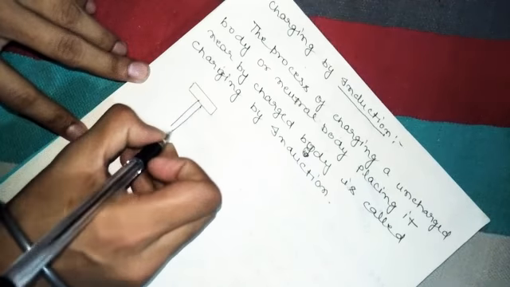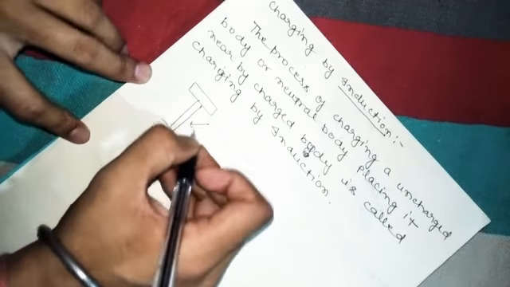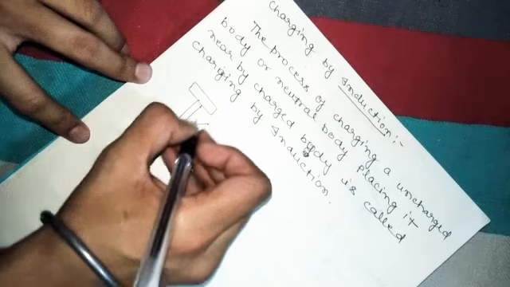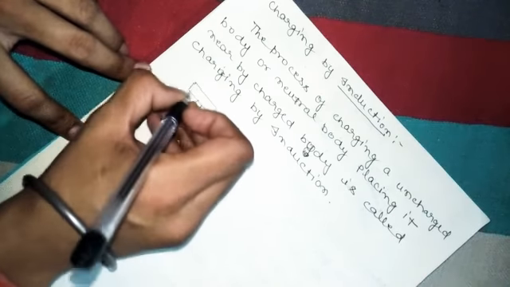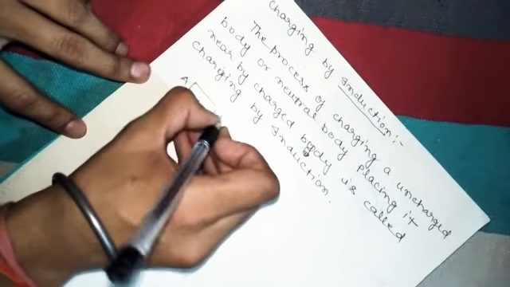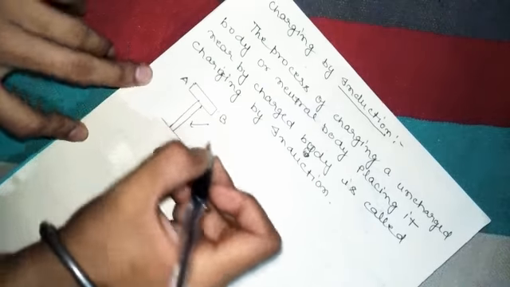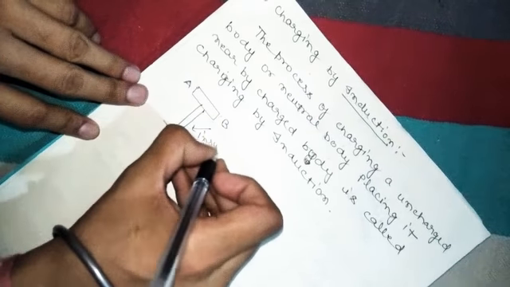Let us take an insulating body which is kept on the insulating stand, a neutral body, we can say that is AB. A neutral conductor AB, which is kept on an insulating stand.